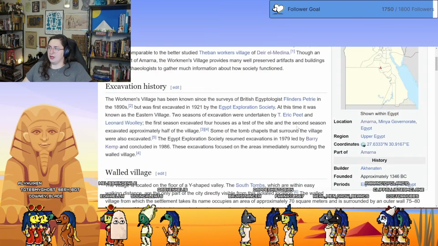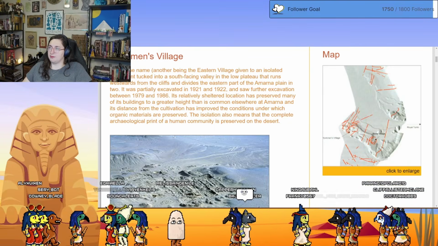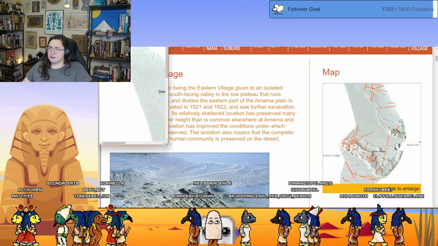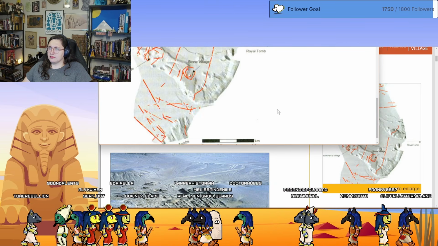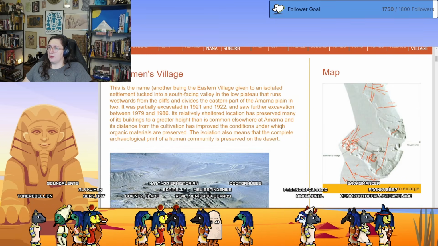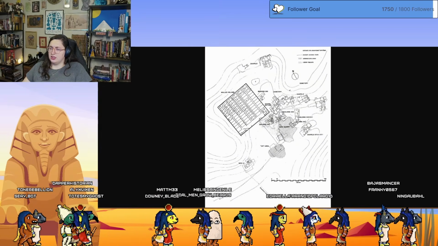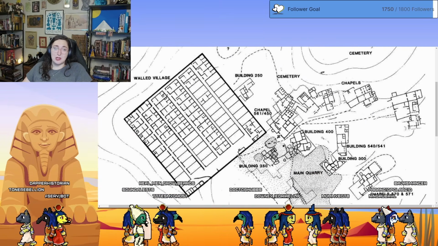Is there a better picture in this? God, the Amarna Project's pictures need to be better. That's a horrible picture. Actually, here we go. This is a great picture. Alright, so this is the workman's village.